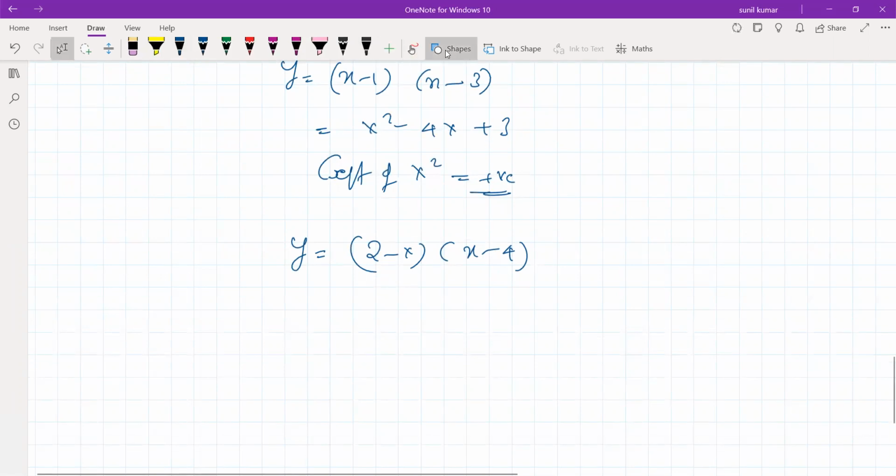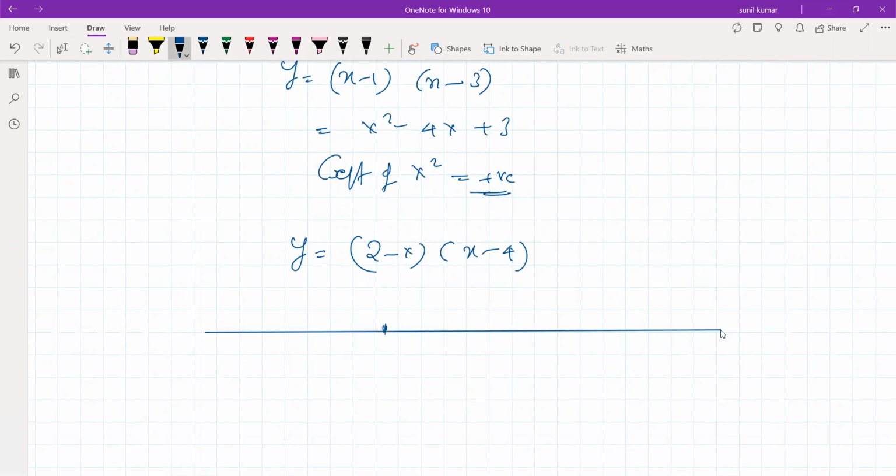If you plot this point here, it is 2. This is 4. Now x is greater than 4. If x is greater than 4, you put any value more than 4, this becomes negative. So the graph is coming downward.